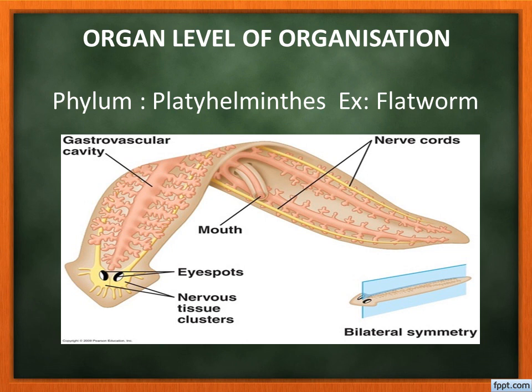This organization first appeared in the phylum Platyhelminthes. One example is the flatworm. It consists of certain organs, and each organ is doing its function, right? So this kind of organization is called organ level of organization.